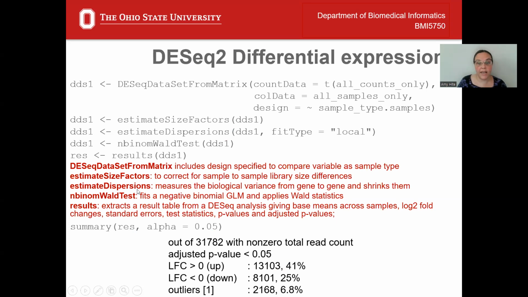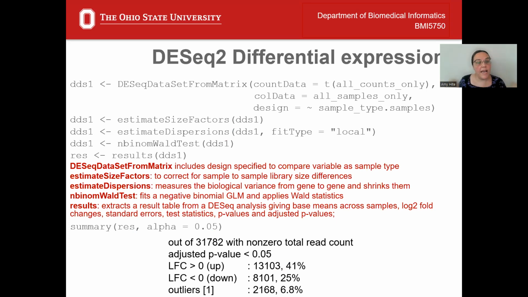So we're going to look at the biological variance measured for each of these genes, and how it varies. Since DESeq2 assumes that most genes are not going to be changing between the groups, it's going to apply a shrinkage to these measures of variance and shrink them to be closer to the average.